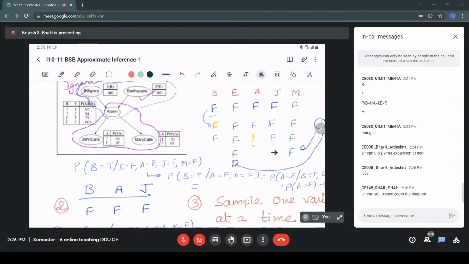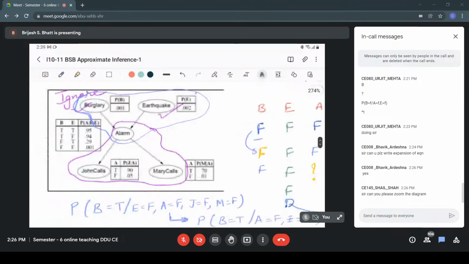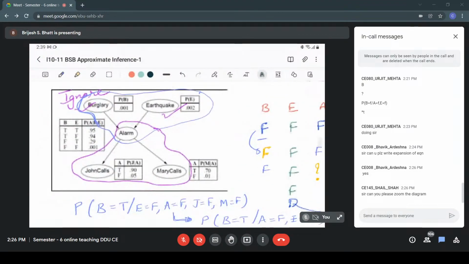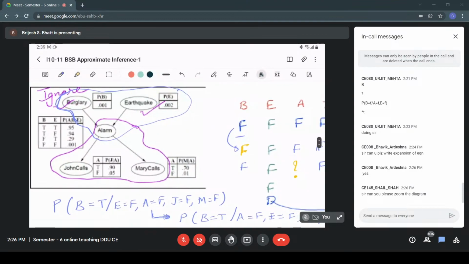And then update the value of J. And so on. Okay, Shail wants me to zoom the diagram. So keep on repeating like this, and that is Gibbs sampling.